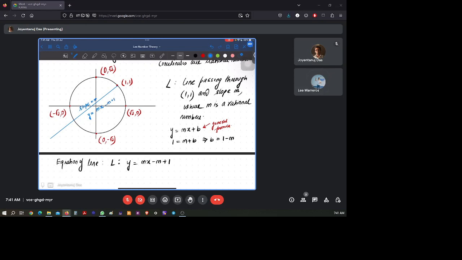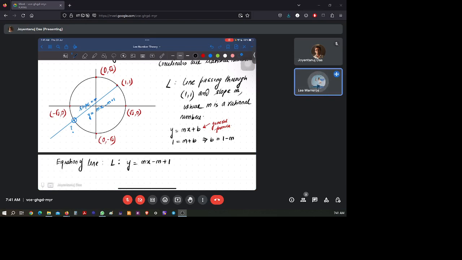So now our aim is to find this coordinate. So what will be this coordinate? This is the question. So how to find it? We just need to substitute.